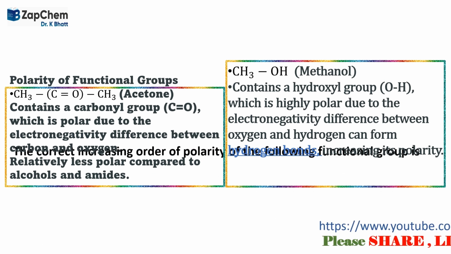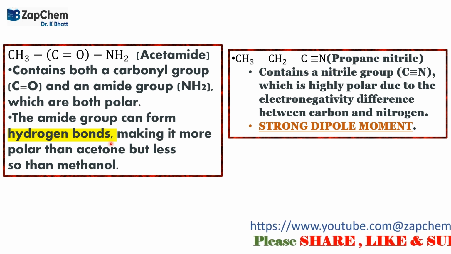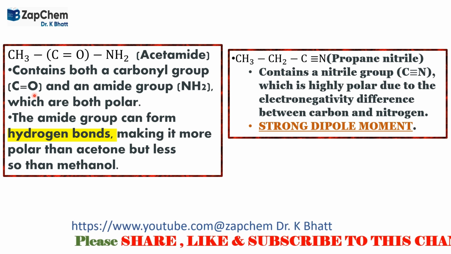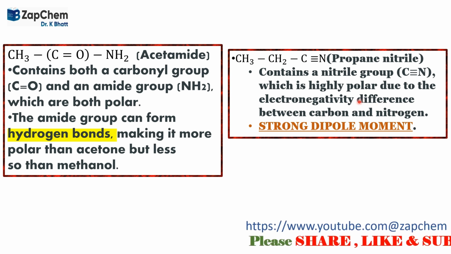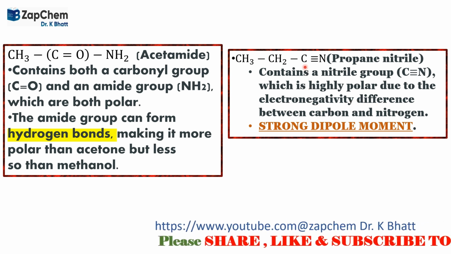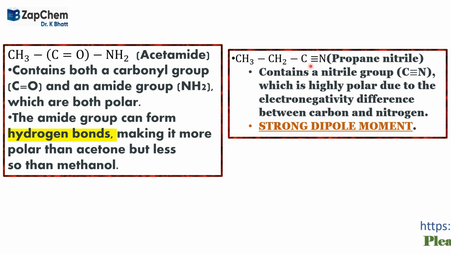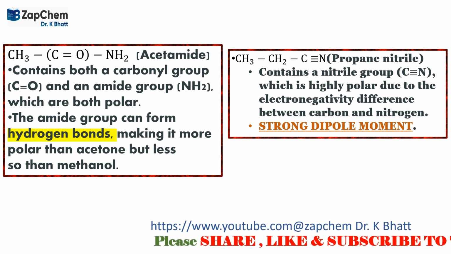Now coming to the other groups, in acetamide there is a possibility of formation of hydrogen bonds, and the C=O group and amide group are both polar. And if you look at propanenitrile, we find that there is a greater electronegativity difference. The electronegativity difference between carbon and nitrogen is very high, and therefore it has a strong dipole moment.